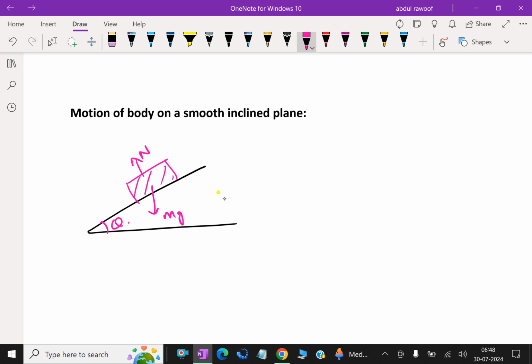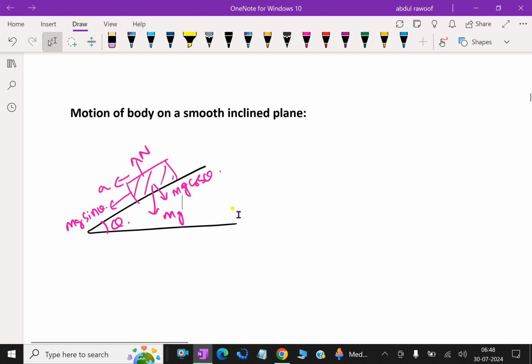The acceleration force is mg sine theta, and the normal component is mg cos theta. This is the motion of a body on a smooth inclined plane.